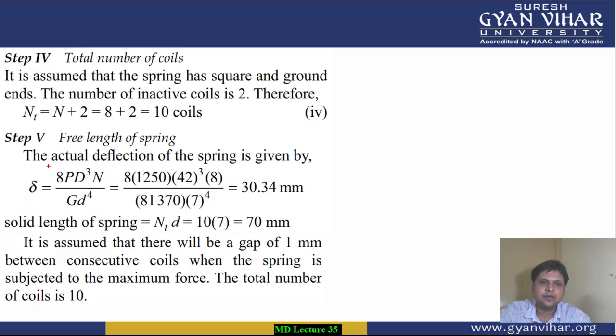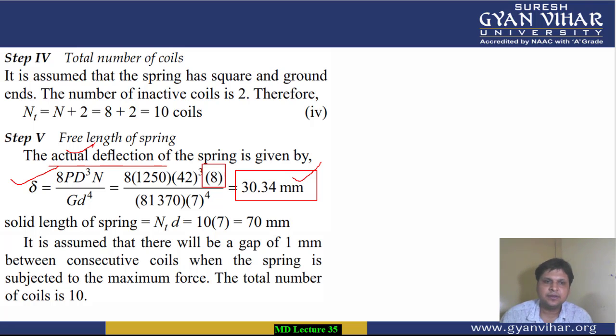we will get the value of actual deflection. Actual deflection means after designing, you have calculated a value of number of coils as 8. So we will use this particular value in the deflection equation, and calculate the value from the formula. The value which we have calculated now is the actual deflection of the spring.